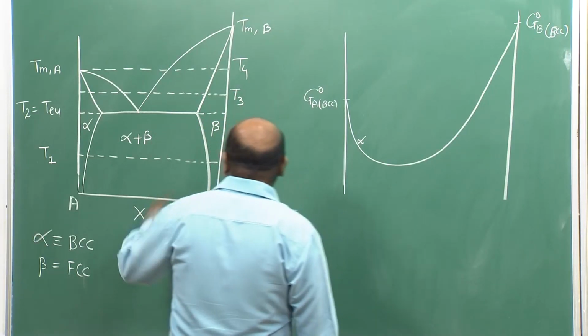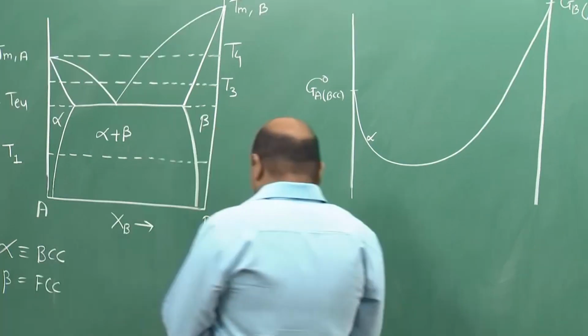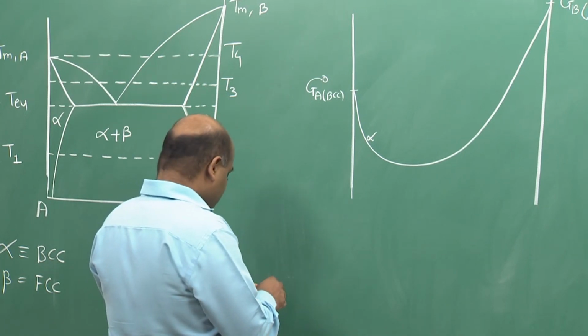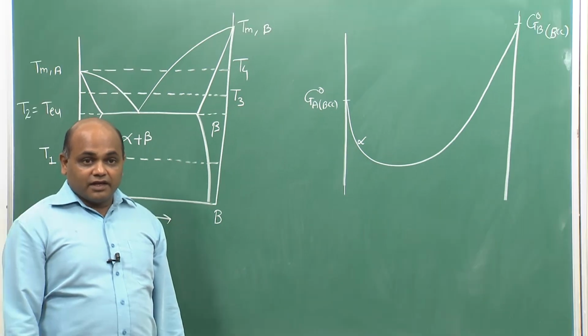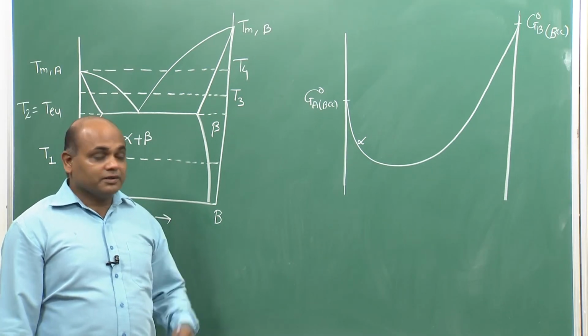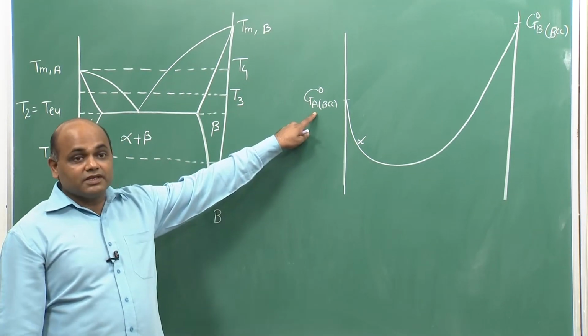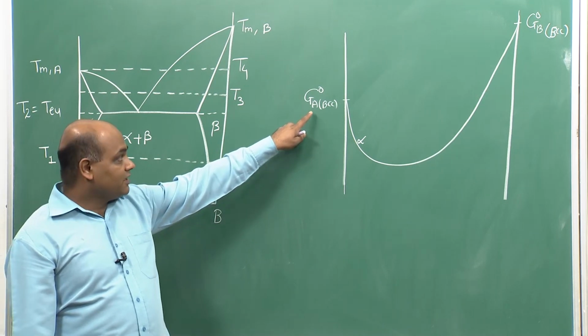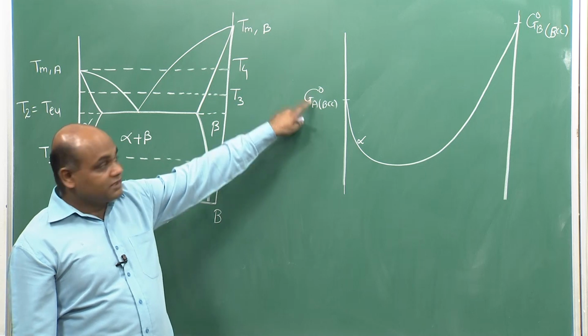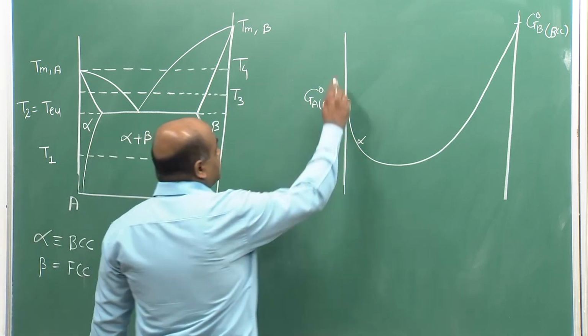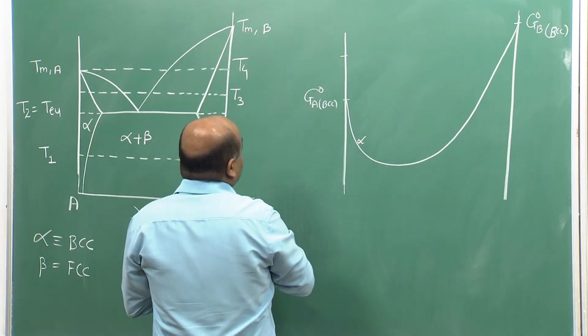Then we need the curve for beta. So, for beta, which is FCC, we need G_A^0 for FCC, that is the molar Gibbs energy of A when it is FCC, and obviously A FCC is an unstable phase. So, the value of G_A^0 FCC will be higher than G_A^0 BCC.